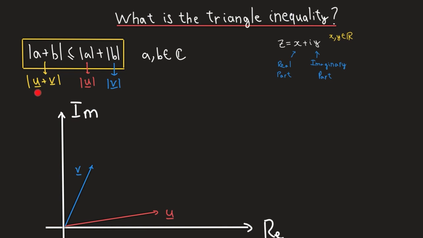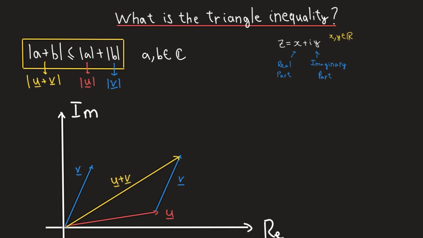And the way we add two vectors from a geometrical standpoint is we add them end to end, just like this. And so the vector u plus v is the vector joining these two endpoints, which is this vector over here that I'm drawing in yellow. So this is the vector u plus v.